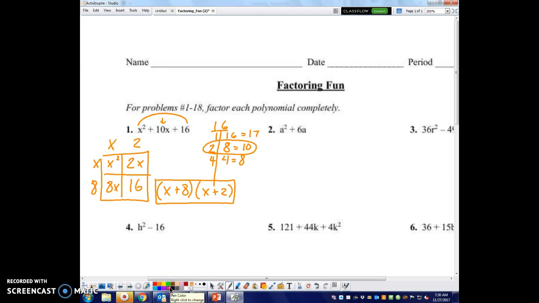So number 2, what's our first step that we're going to do? What's the first thing we look for? Greatest common factor. Do they both have something in common? What? An a, so we'll pull that out. So if we take an a out of a squared, what's left?